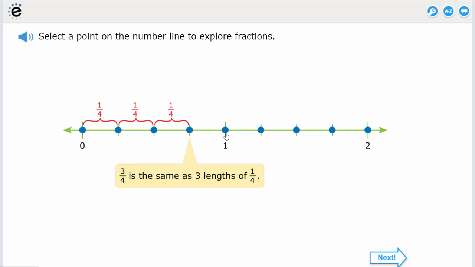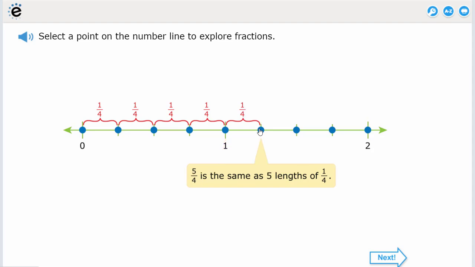And the whole one should be, Muhammad Al-Ghafli, you're with me, my hero. Do not mute your mic. 4/4. Excellent. 4/4 is the same as 4 lengths of 1/4. Next, Muhammad. 5/4 is the same as 5 lengths of 1/4.